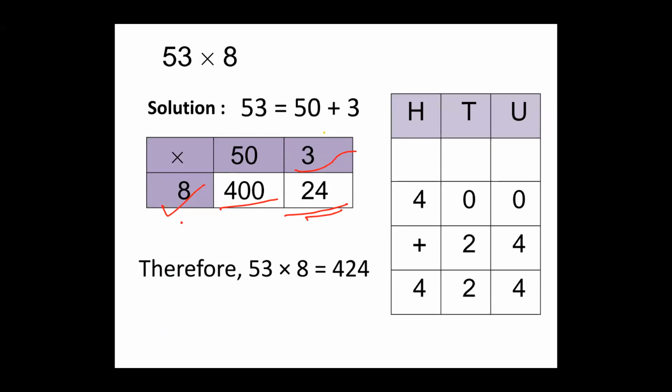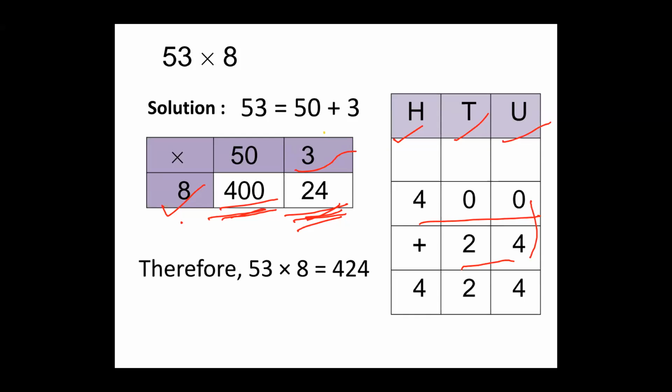Now we have 400 and 24 with us. So for this we are going to draw the table in this way: hundreds, tens and units. Place the number 400 and then 24 and do the addition. Now how will we be adding? Unit with unit. So 0 plus 4.